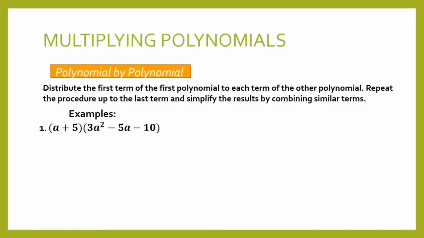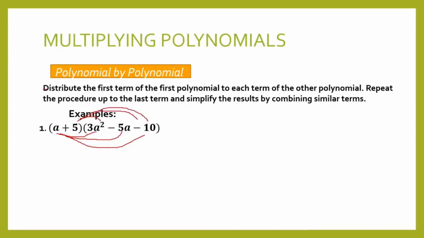So for example, we have the quantity a plus 5 times the quantity 3a squared minus 5a minus 10. It means that we have to distribute a times this term, times the second term, and then times the third term. After that, we also multiply 5 times all of our 3 terms.